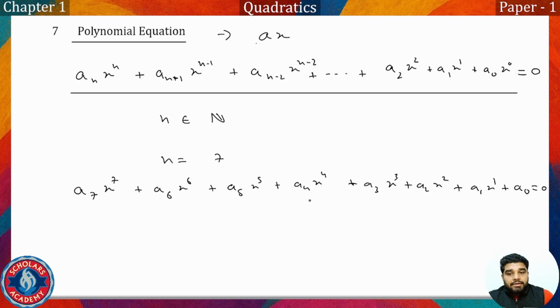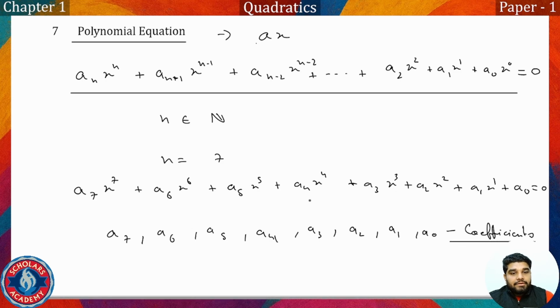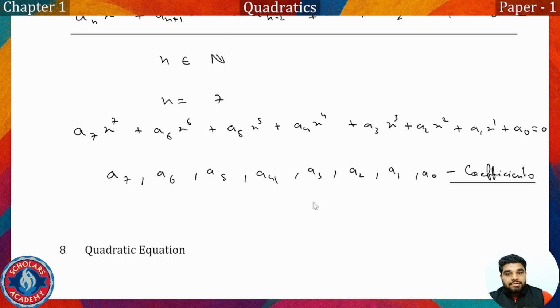so now over here, all of a7, a6, a5, a4, a3, a2, a1 and a0, these are coefficients. Okay, all these are coefficients.